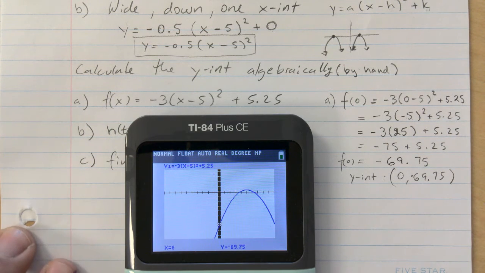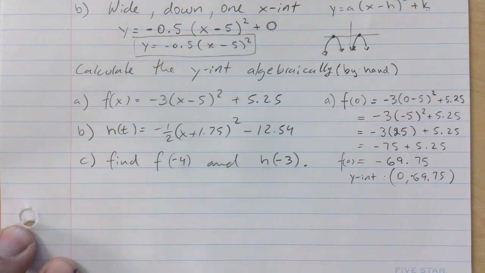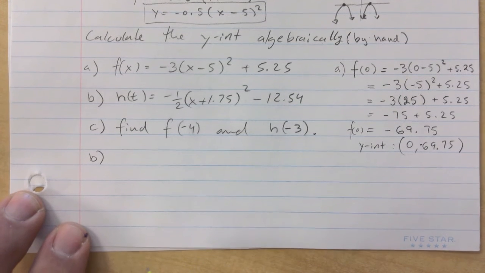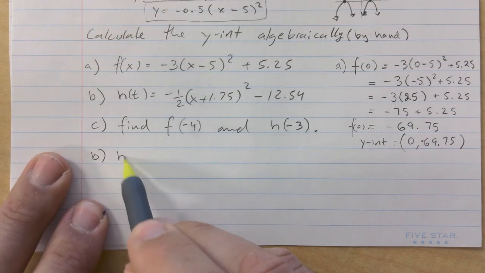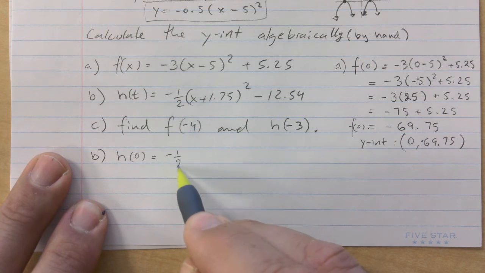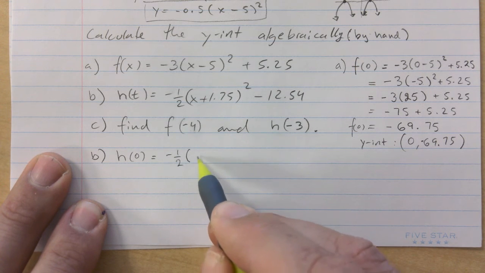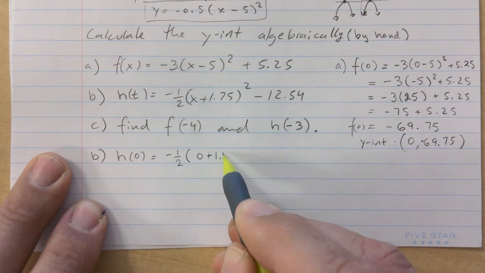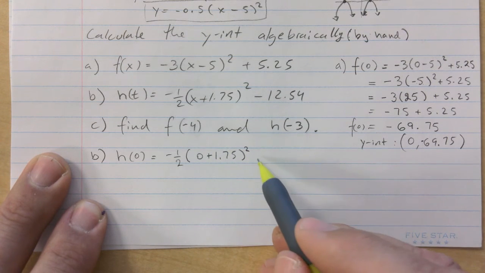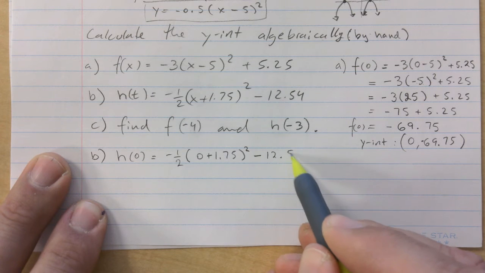So just be careful with your signs there. And so B I will do over here. H of 0, -1/2, 0 plus 1.75 squared. Don't forget the squared, that's a common mistake.